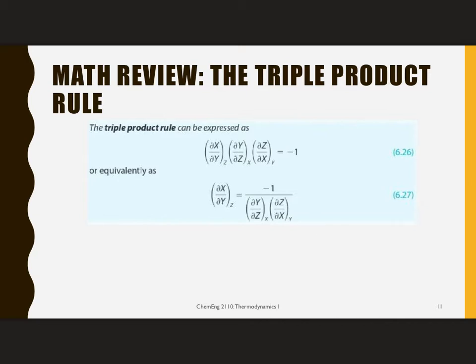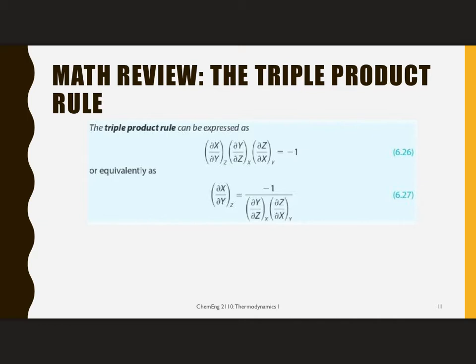I personally like the top one that says that how x changes with y if I hold z constant times how y changes with z holding x constant times how z changes with x holding y constant, the product of those is equal to -1. And yes, this is provable, but it's a fairly lengthy proof, so I'm not going to do it here.